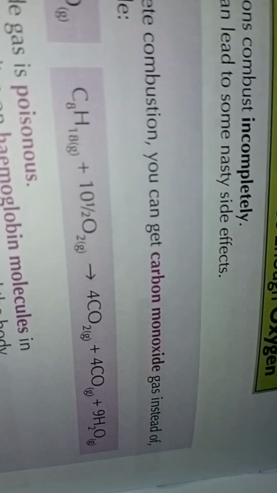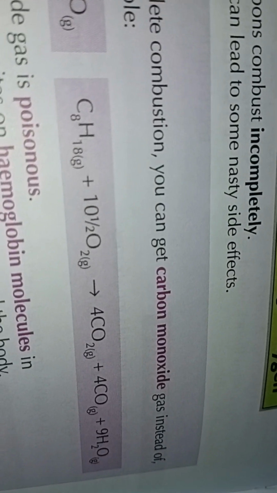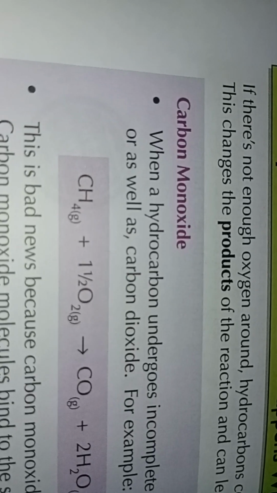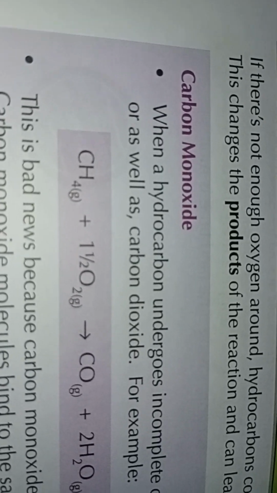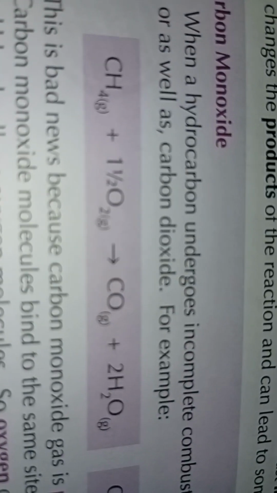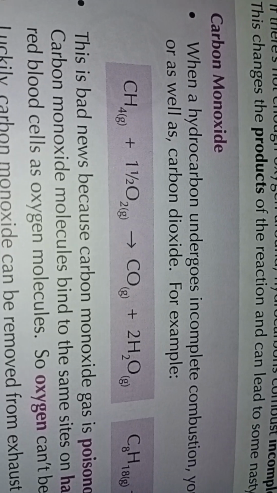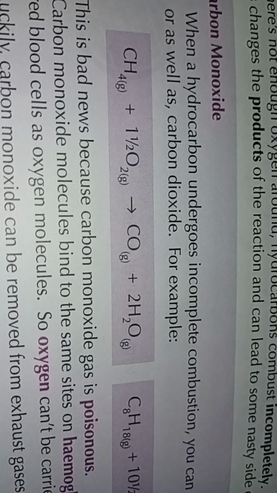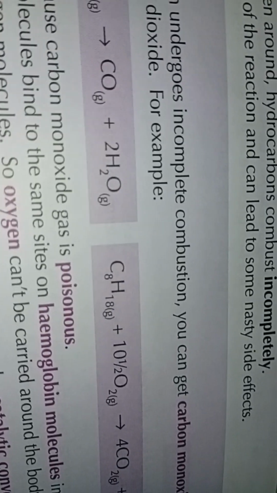And then you've got C8 hydrocarbons. I don't know what that CH4 is, but petrol is obviously a CH something.